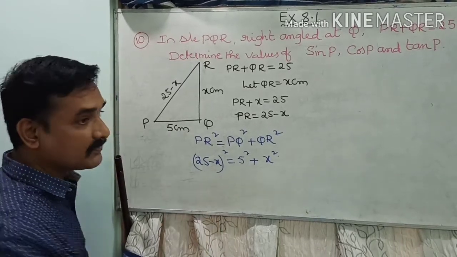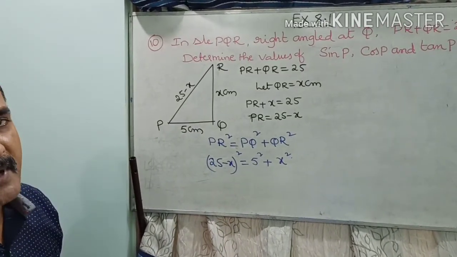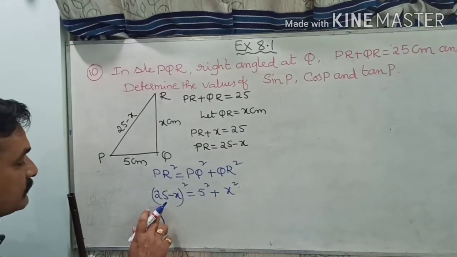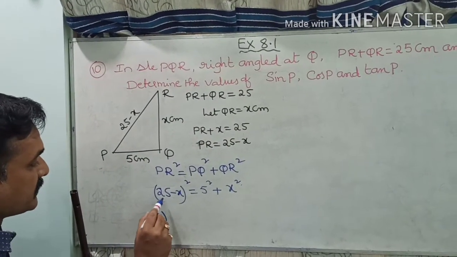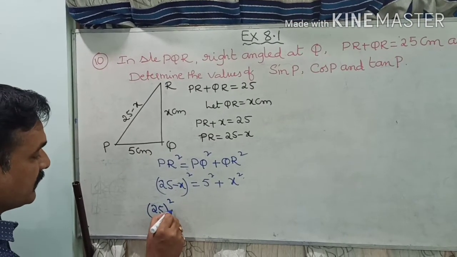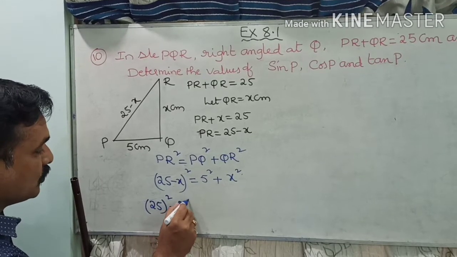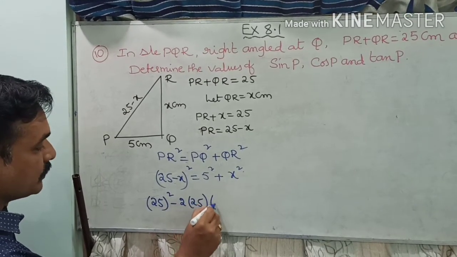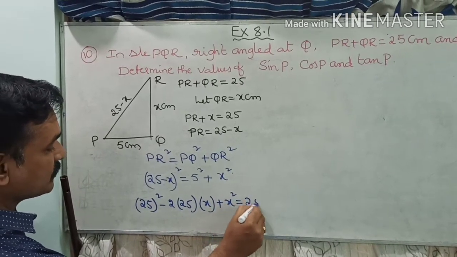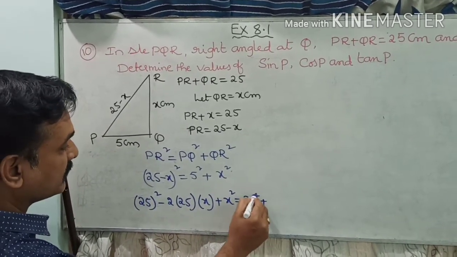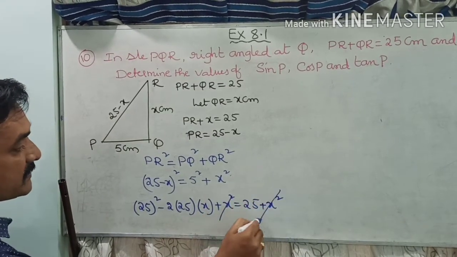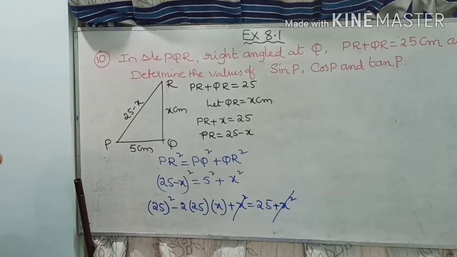Now it is in the form of a minus b whole square. So 25 whole square minus 2ab, 2 into a into b, plus b square equals 25 plus x square. Both sides x square get cancelled.